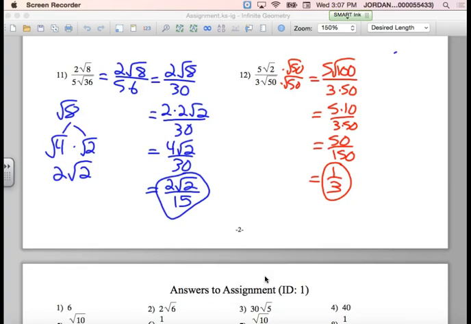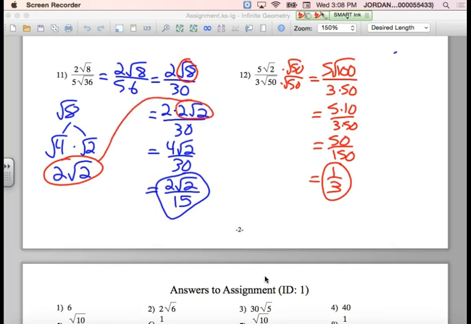Okay, so number 11, the bottom radical has a perfect square. Square root of 36 is 6. So you do 5 times 6 and get 30. And then we've got to simplify the square root of 8 up top, so it breaks down into 4 and 2. Square root of 4 is 2, so you have 2 times the square root of 2. So we're going to replace this square root of 8 right here.